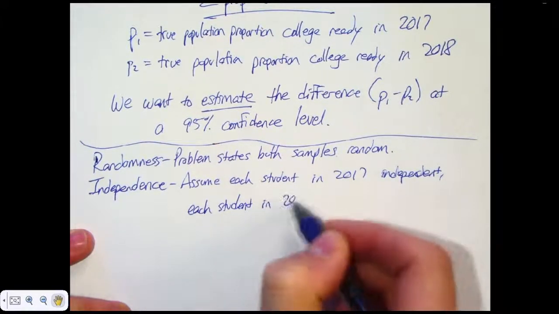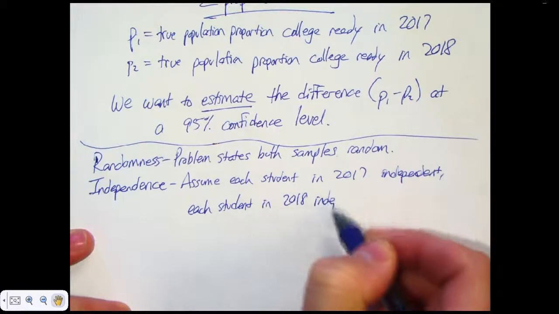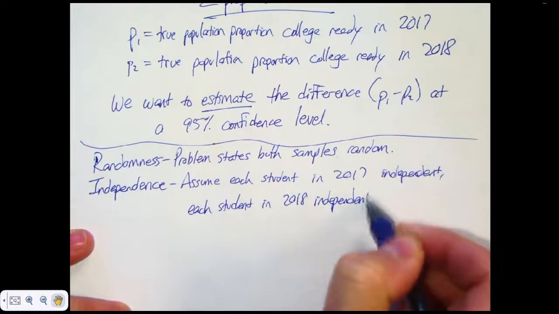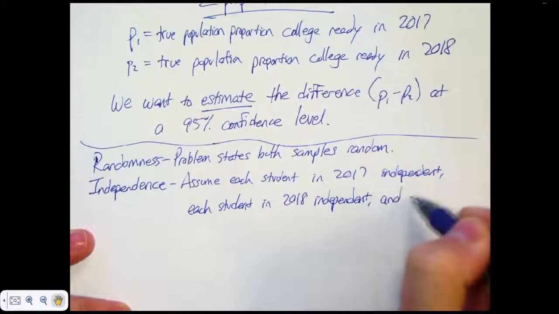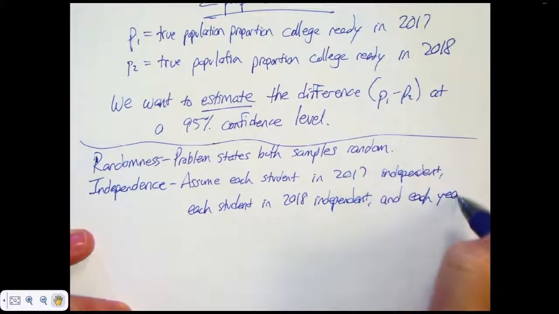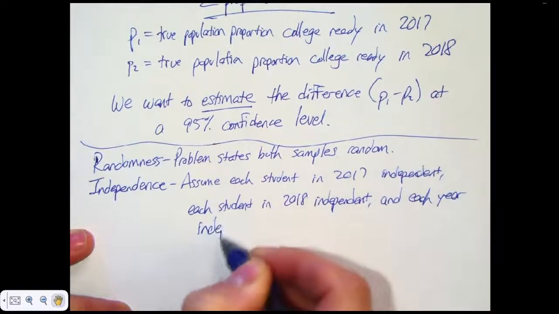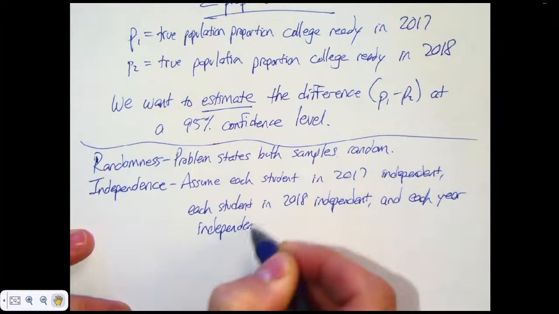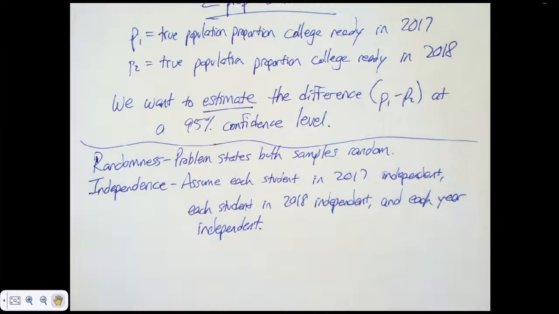Each student in 2018 independent. And each year independent. Does that make sense? The 3 things you have to show there? Like within A, within B, and between A and B.